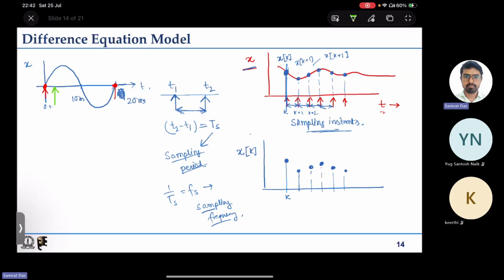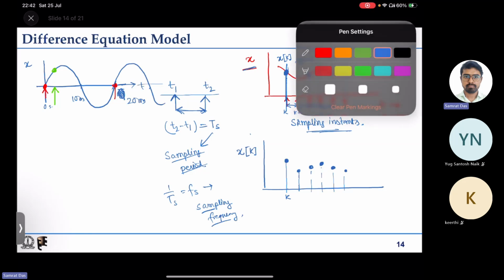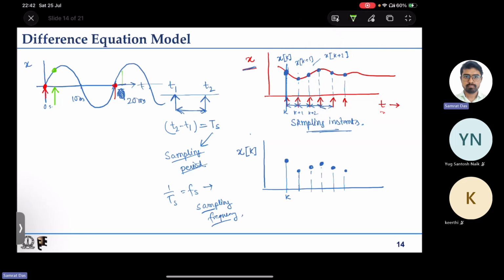Say we sample at this instant, so this is the value. Again at 50 hertz we do the next sampling here, that is this green arrow to green arrow, this will be 20 millisecond. So the value will be this.